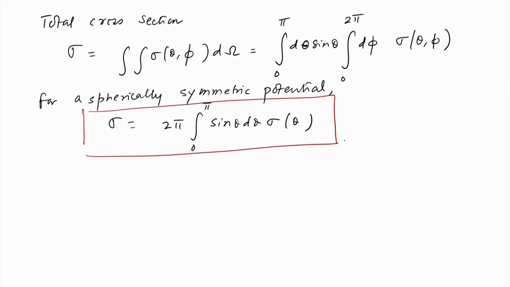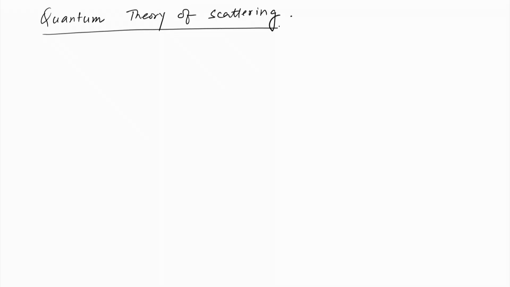Okay, so let us just start with the quantum theory of scattering. Strictly speaking, we need a time dependent description of the problem, because the collision event happens as a function of time.